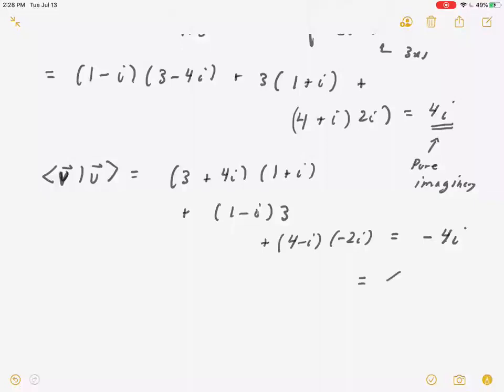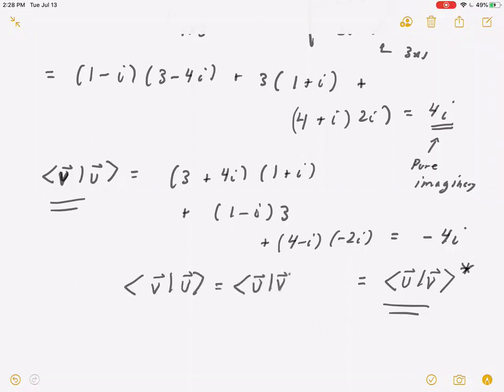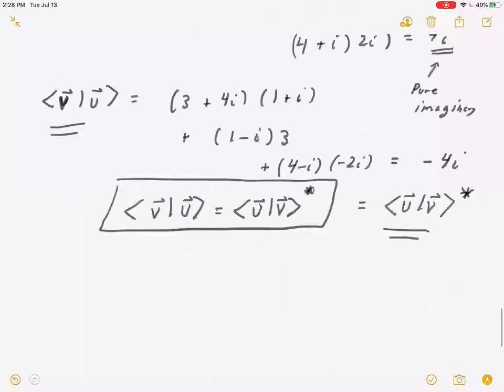And this is interesting because it's equal to the complex conjugate of the previous result, as it should be. If you have the inner product of 2 vectors and they're complex, commutativity says you can write this as the inner product of the 2 vectors where the positions are swapped. What was a bra becomes a ket, what was a ket becomes a bra, but you have to include this complex conjugate on the right-hand side.